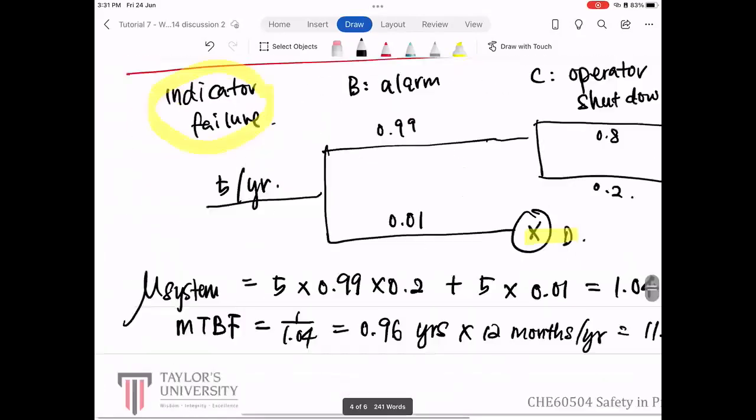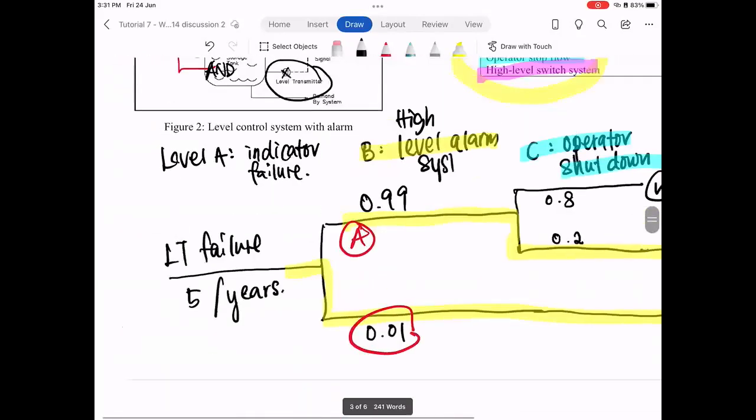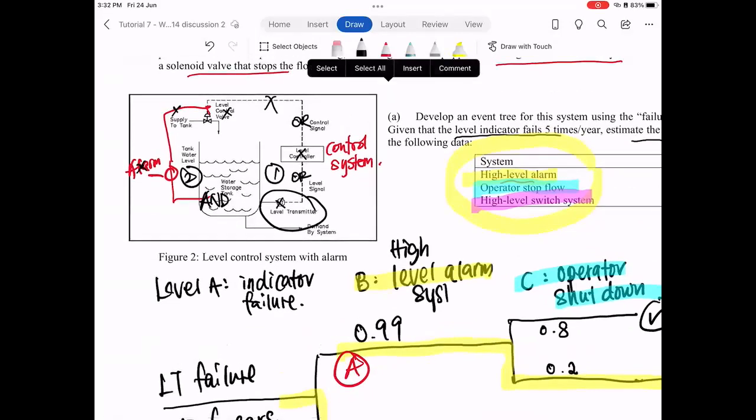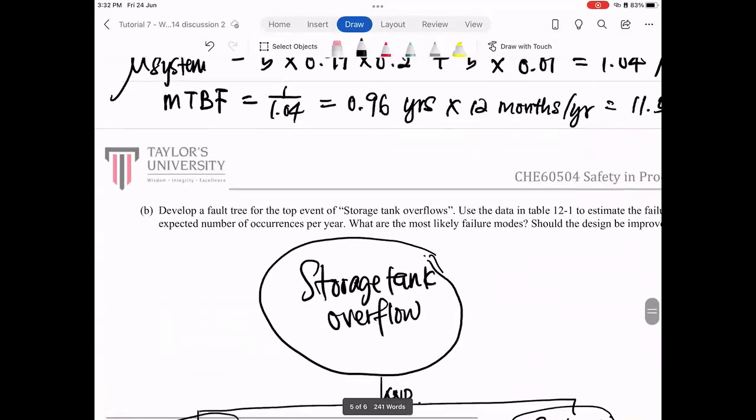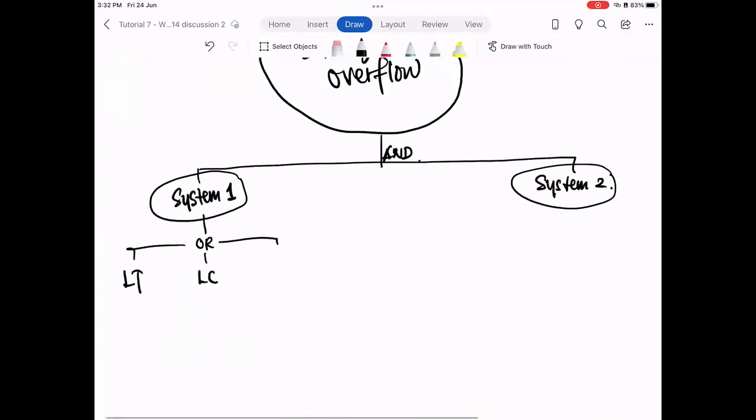So what do we have in system 1? We have level transmitter, level signal, level controller, and controller. So in system 1 we have a transmitter, level controller, and a valve. System 2 also has an OR gate here, or we need an AND gate, because the OR gate seems to be wrong. So what could cause system 2 to fail?